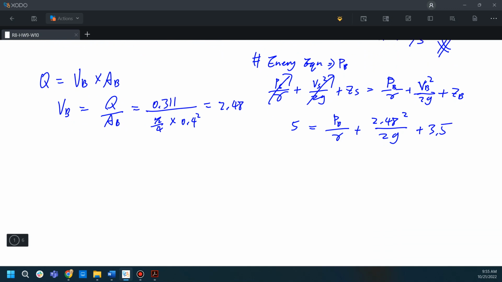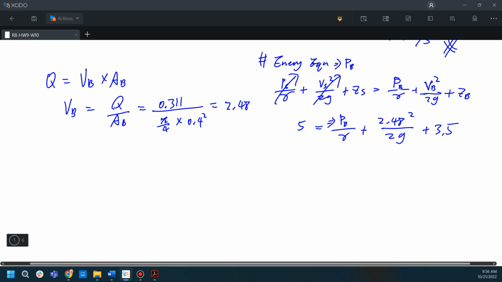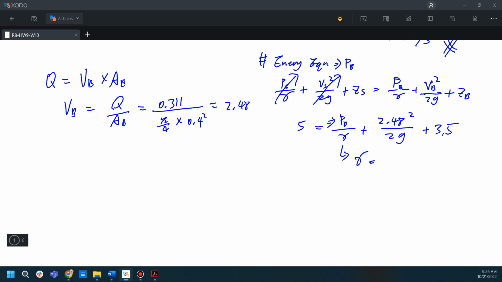So the only unknown variable is the pressure, so we can solve it. So the gamma is a constant for water, right? So the gamma is equal to 9810 N per cubic meter.